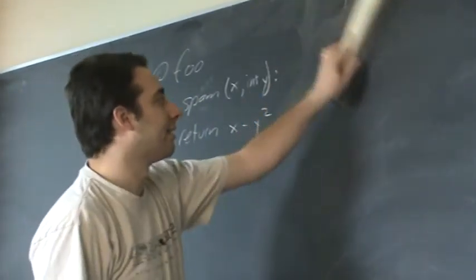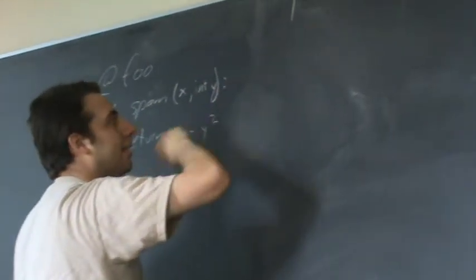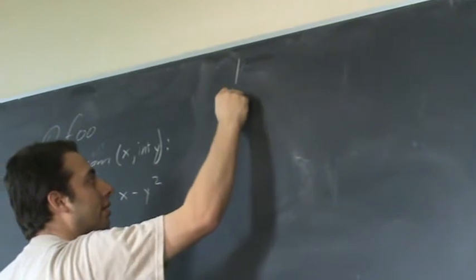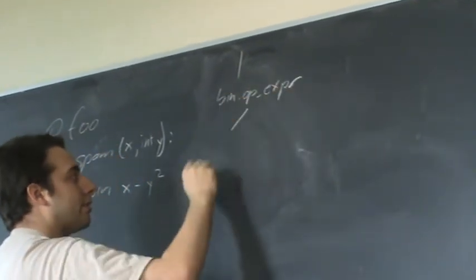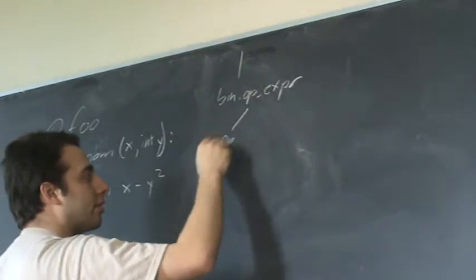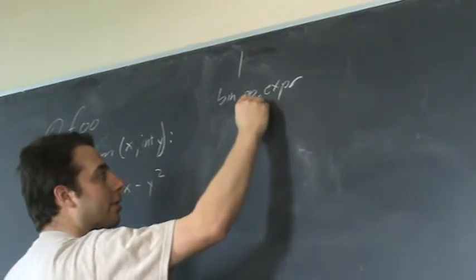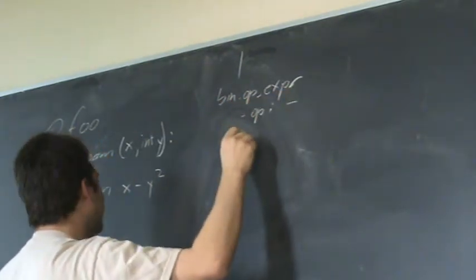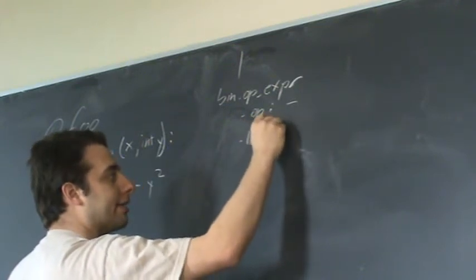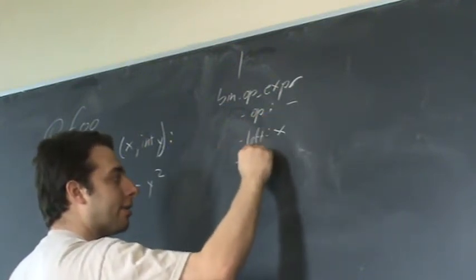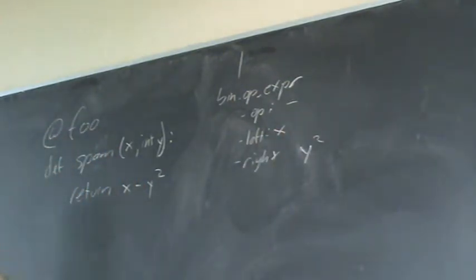So what would happen is you would have your tree, and it comes down to this. I'm going to write it like this. So this has several attributes. The operator is minus. The left argument is x, and the right is y squared. Of course, this is a tree in and of itself.